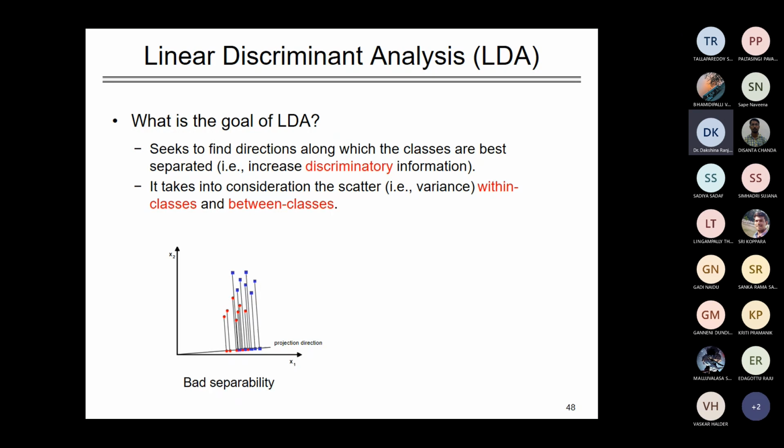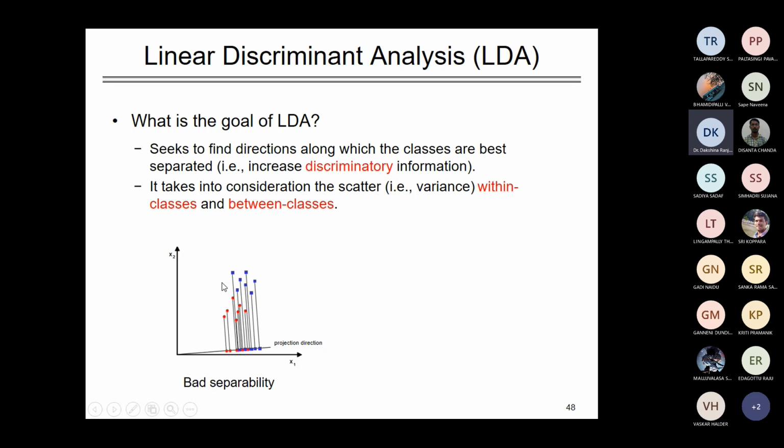Here we are considering two classes. One is the red class. Some points are marked in red and the rest of the points are marked in blue. So we have two classes for two-dimensional data. After projecting these points on the line, we have to compute the two means, one for the blue class and another for the red class. Then we will get the scatter for the red class and the scatter for the blue class.